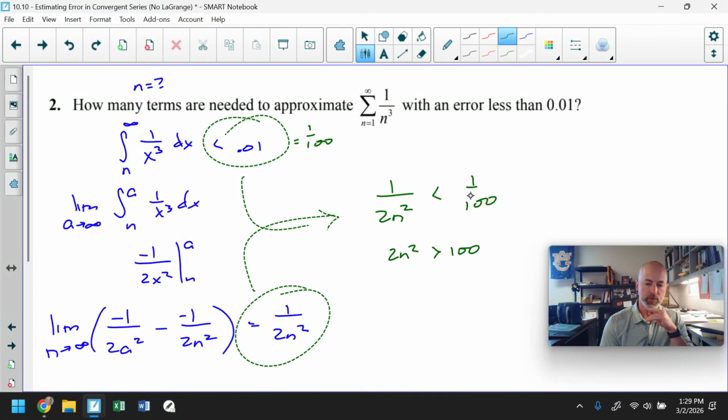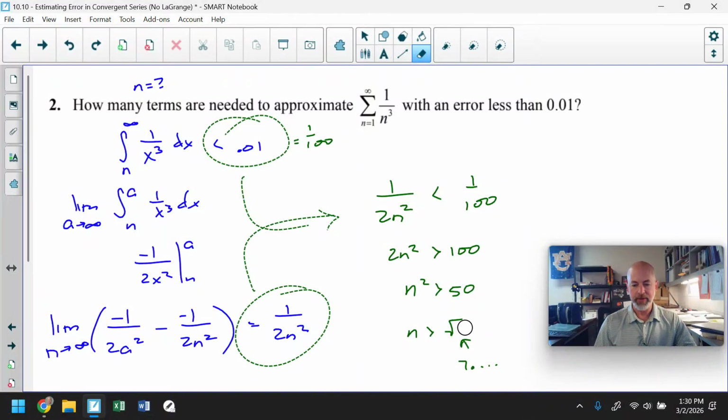Right? So 1 over 2n squared would be less than 1 over 100 when this denominator is bigger than that one. n squared needs to be greater than 50, and that's going to be when n is greater than the square root of 7. And the square root of 7 is between 7 and 8. So I don't know exactly what the square root of 7 is, but it's 7 point something. That means, holy cow, that's the square root of 50. I'm jumping the gun.